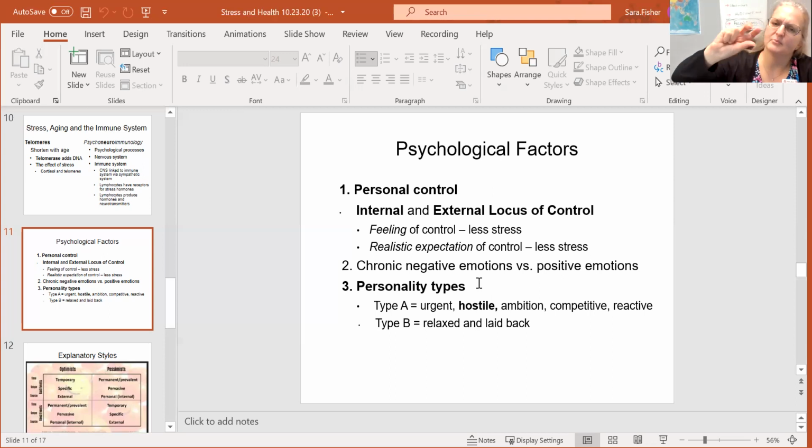And they observed that that's right. It's not being competitive, not being ambitious, not being in a hurry. It's this variable right here in italics: hostility. Angry people, hostile people. Not competitive people or ambitious people. That's not the key. It's when you're angry.